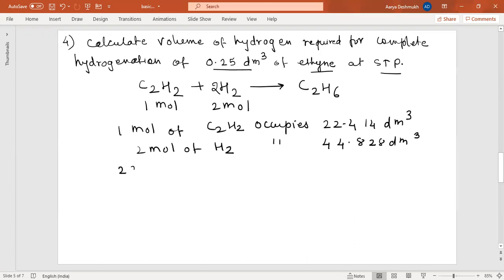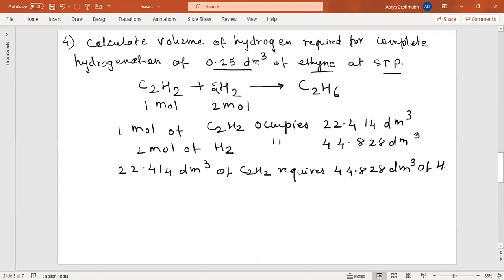Now this 22.414 dm cube of ethyne requires 44.828 dm cube of H2. So from where do I get this 44.828? By just looking at the reaction, I just converted moles into volume.